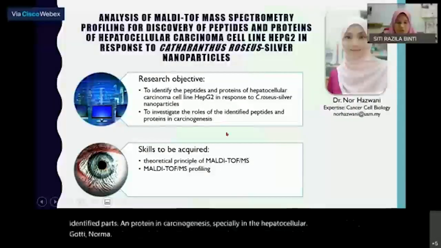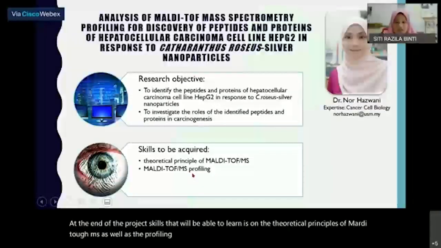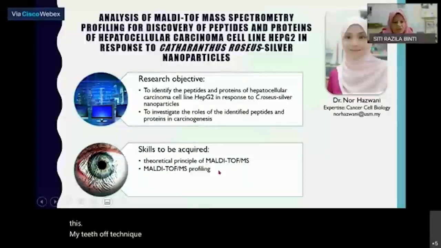At the end of the project, skills that you'll be able to learn are the theoretical principles of multi-TOF MS as well as the profiling of multi-TOF MS. So if you're interested to learn more about this multi-TOF profiling technique, you may consider this project.